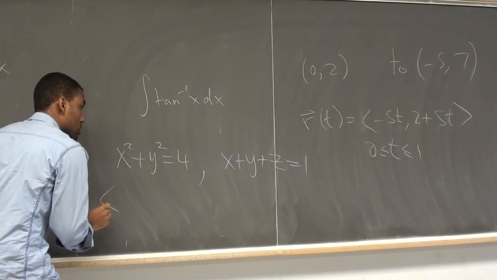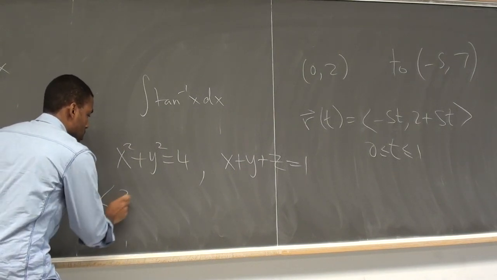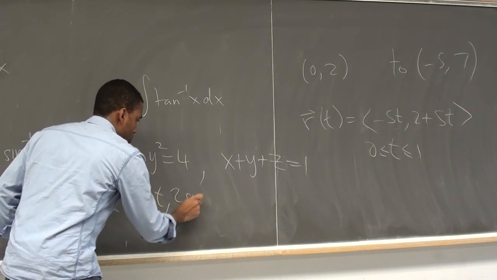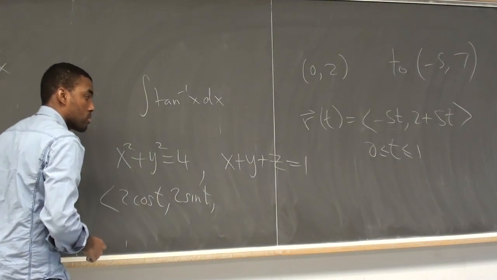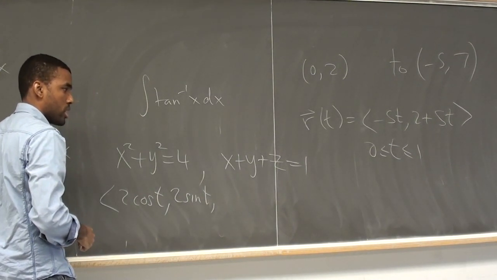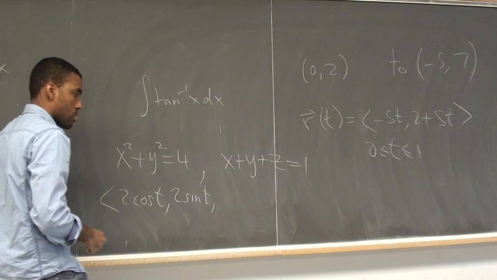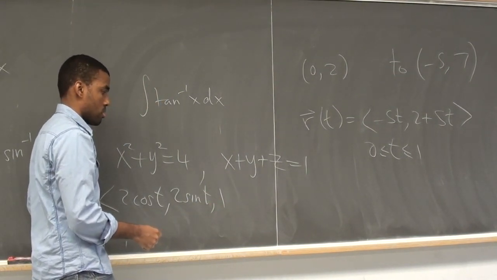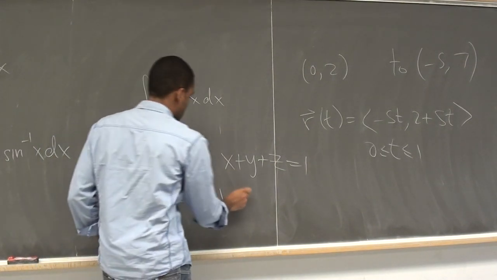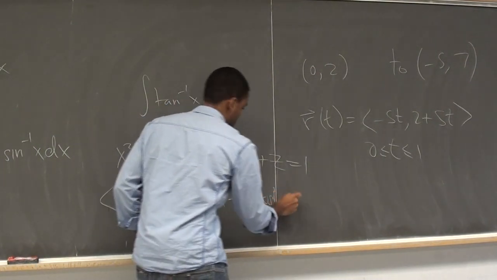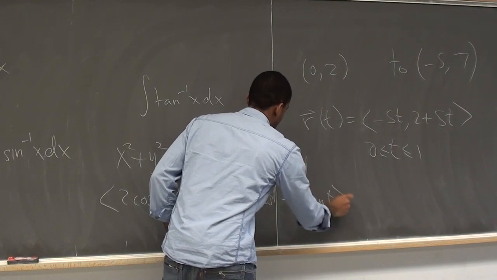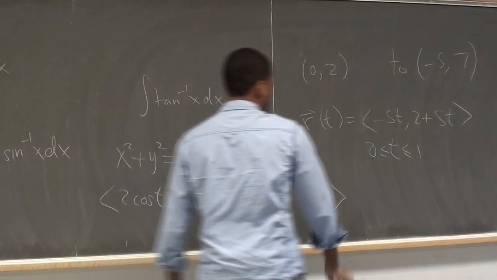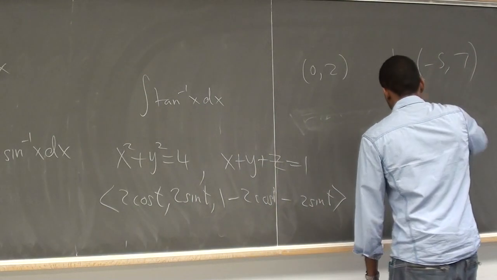So x is 2 cosine theta, y is 2 sine theta. You guys are taking too long. Okay, how about that?